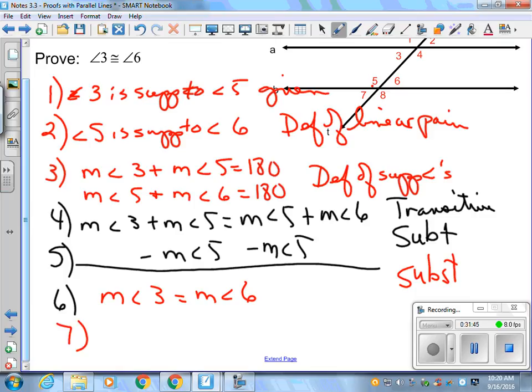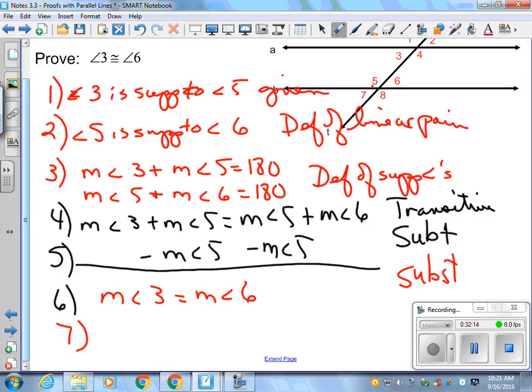So number 7. Let's look at what we're trying to prove, and let's look at where we're at. I got the right angles. Everybody agree? And these are the corresponding angles, right? But I don't need that for the reason. You see, nowhere in this proof does it say those two lines are parallel. So if they don't say anything about parallel, I can't use the name of the angles. I have to use something else.